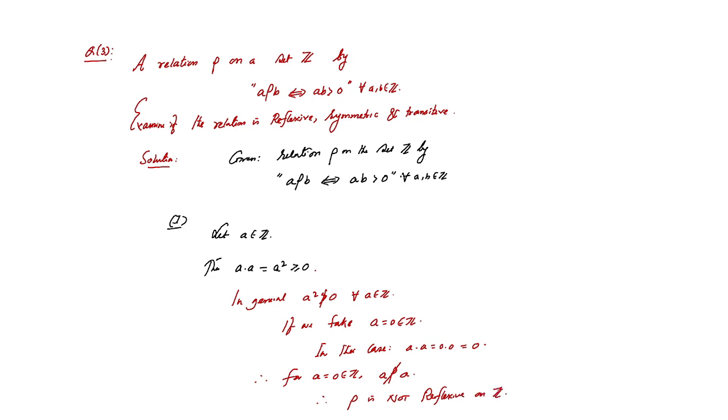Now we come to the second part, that means whether it is symmetric or not. How will we prove it is symmetric? For this part, let A, B belong to Z be such that A is related to B holds.